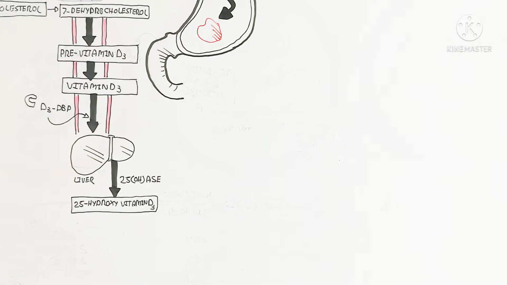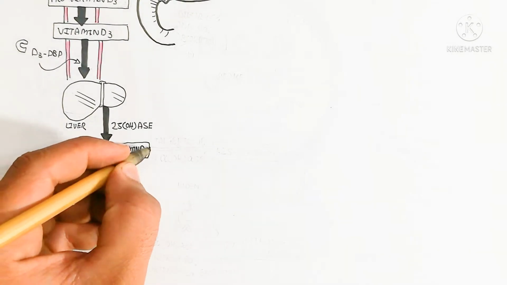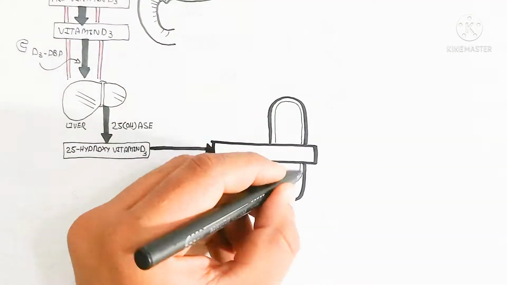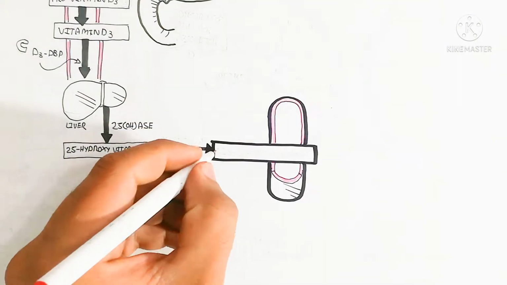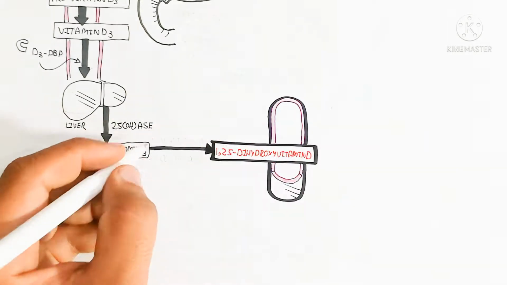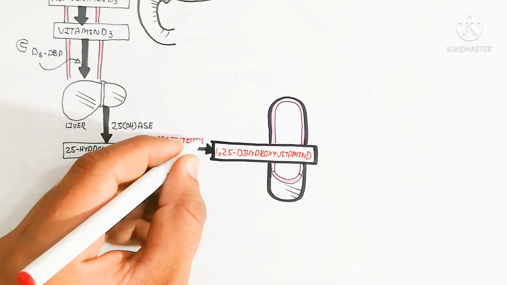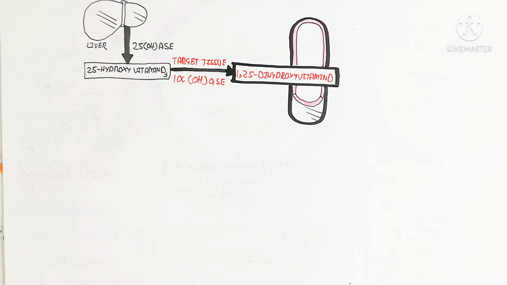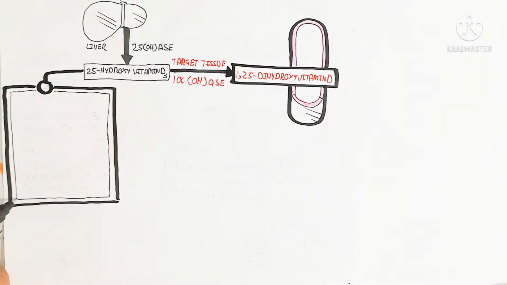Here the 25-hydroxylase enzyme in the liver converts it to 25-hydroxy vitamin D3, which then circulates in the blood, and 1,25-dihydroxy vitamin D3 is formed. This is very important.